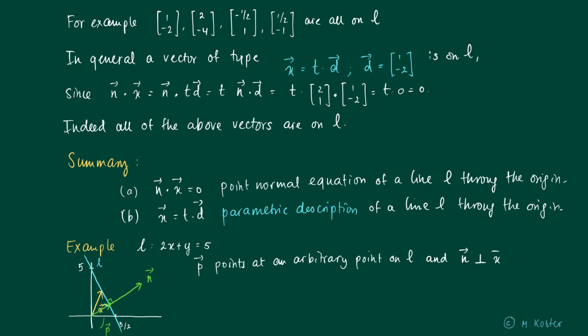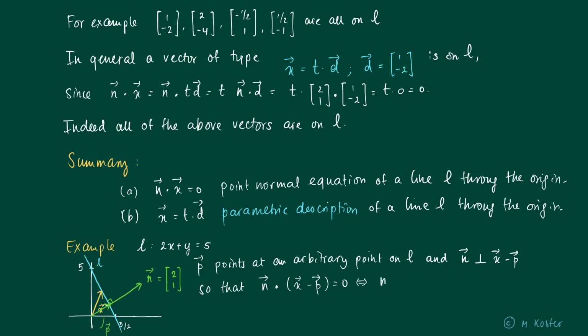It is on the blue line, and it is therefore perpendicular to the green vector n, which is given by (2, 1). So we have n inner product with the difference vector x minus p equals 0.